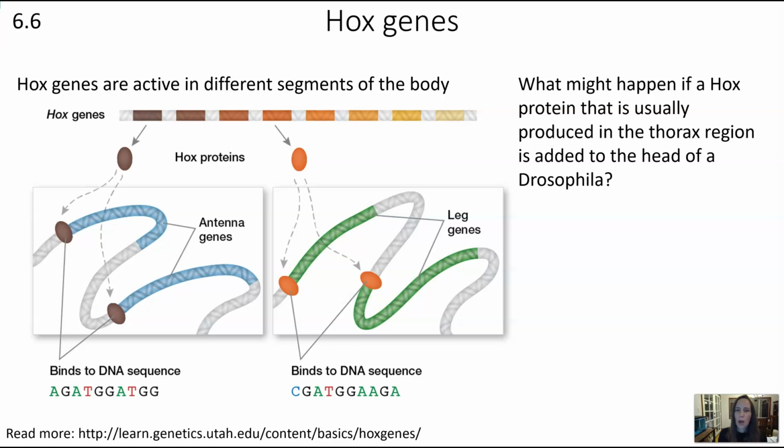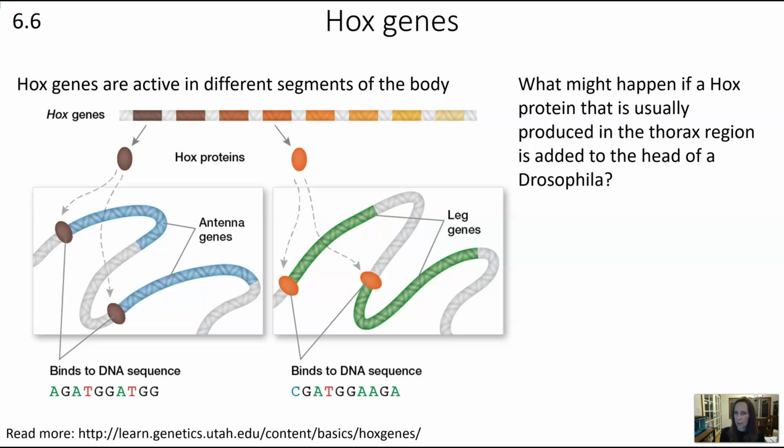An example of genes that help control body region are Hox genes. So Hox genes are active in different segments of the body. Here we can see that there are Hox genes in one area of the body that turn on or activate antenna genes. And then there are Hox genes that are active and produce proteins in other areas of the body. And those are activating the leg genes.